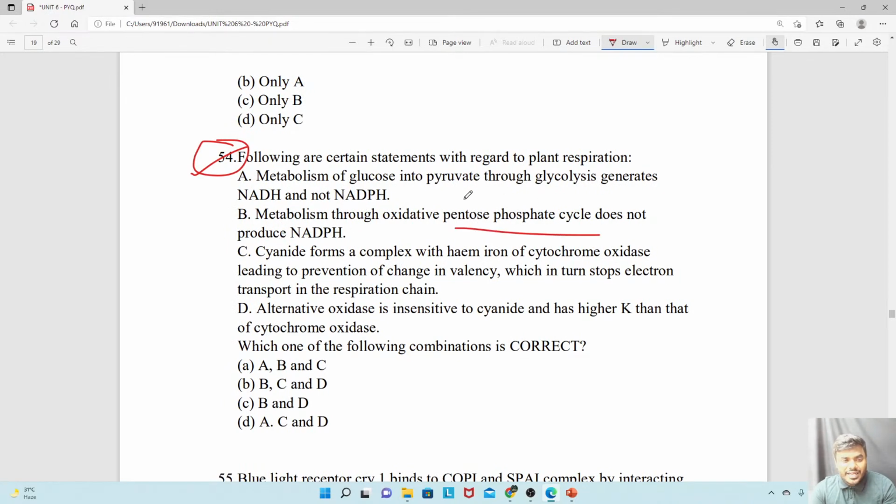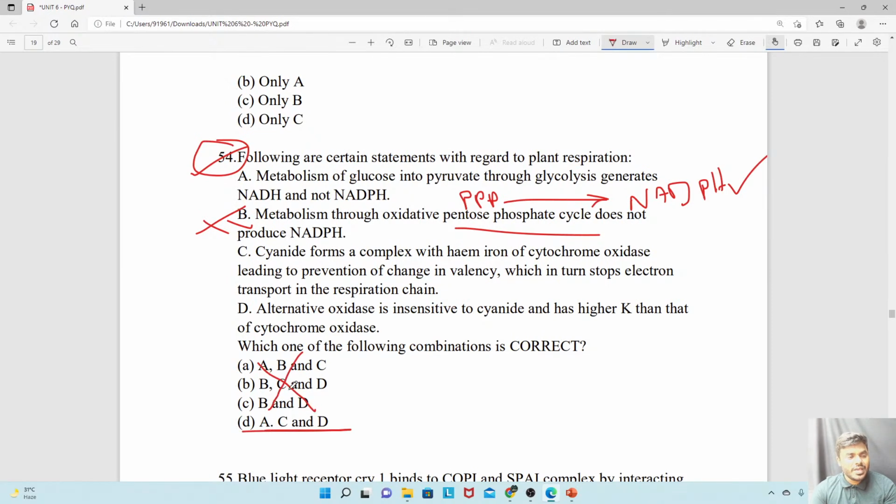What is the ultimate goal of the PPP pathway? The ultimate goal of the PPP pathway is only the production of NADPH, no? That is their ultimate goal. Hence option B is wrong. If you come to know that option B is wrong, we can eliminate three options just like that.